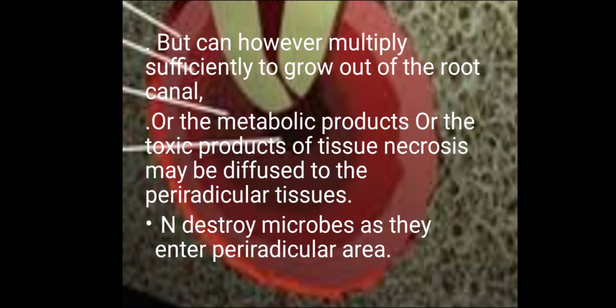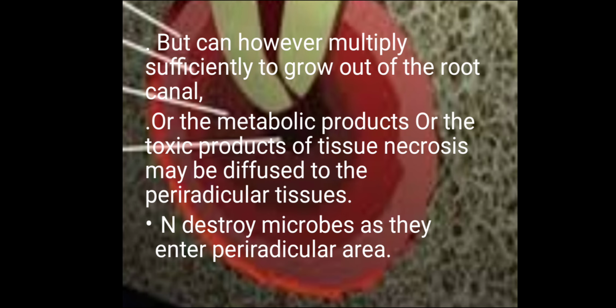However, microbes can multiply sufficiently to grow out of the root canals into the periradicular tissue. Around the root is the periradicular area. Or the metabolic products of the microbes or the toxic products of the tissue necrosis may be diffused into the periradicular tissue.